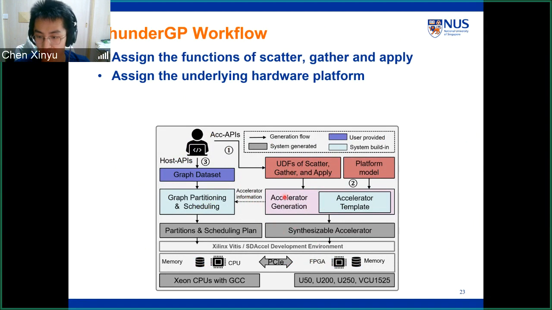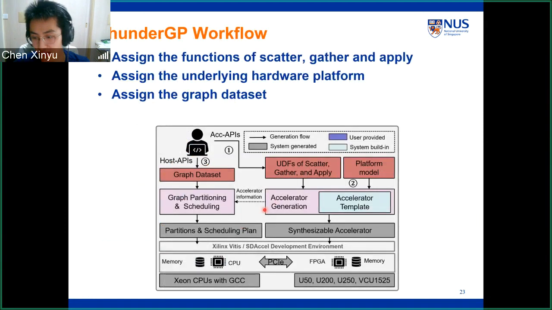Finally, ThunderGP can generate the accelerator by itself. The developers just need to assign the graph dataset they want to process on the host side, and our library can do graph partitioning and scheduling, and finally, the whole system can run in a push-button manner.